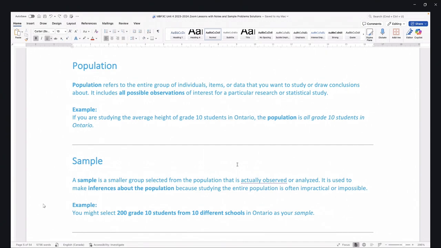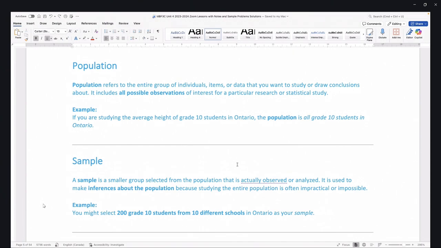So what statisticians have done is they've created a way of looking at some of the people in that population and then drawing conclusions based on some of the information. So what they do is they sample the population. A sample is a smaller group selected from the population and is actually observed or analyzed.